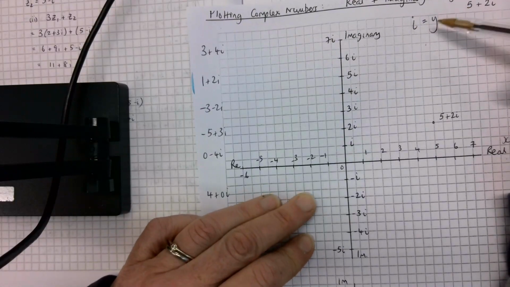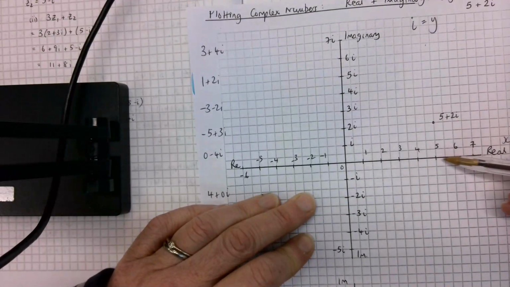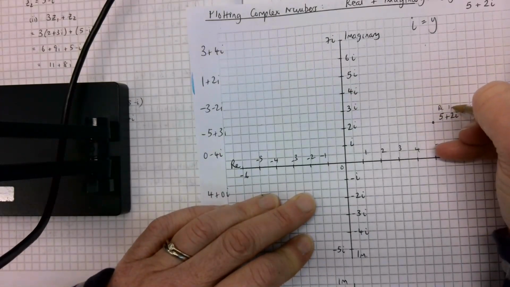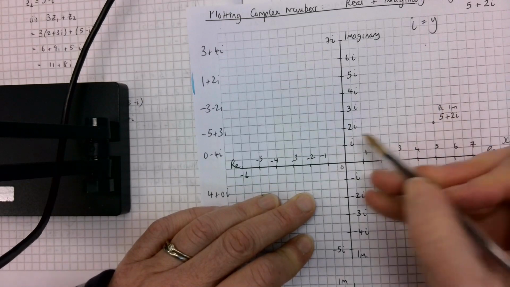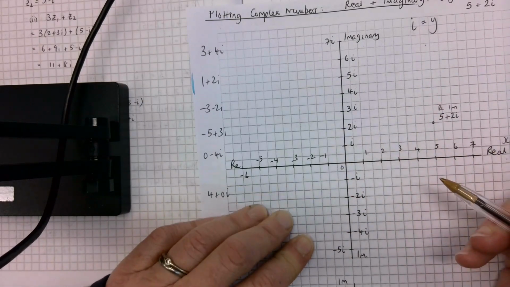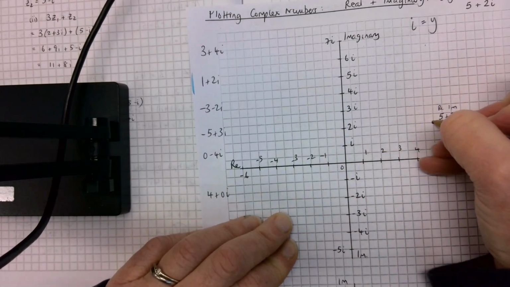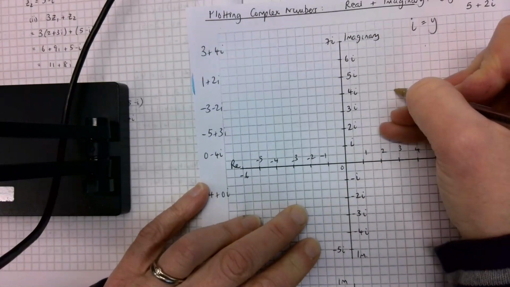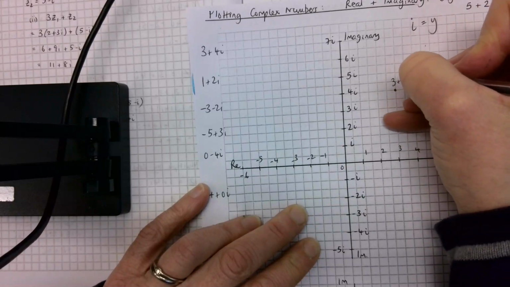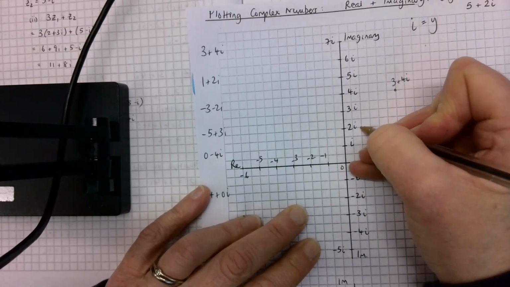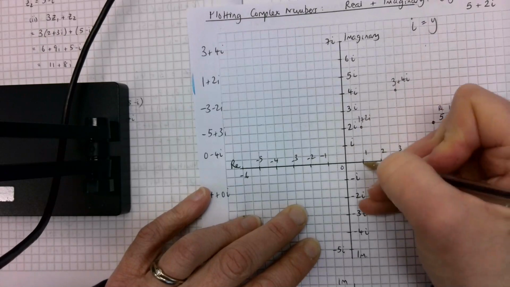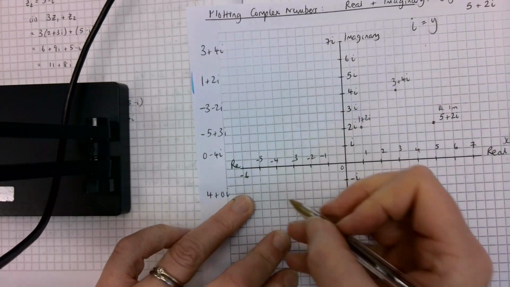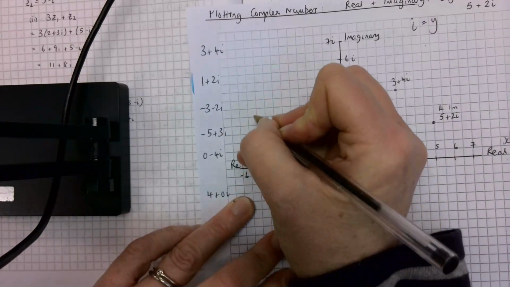So if I have 5 plus 2i, 5 is real, 2i is imaginary: 5 on the real axis, 2i on the imaginary axis, and it's plotted there. 3 plus 4i is 3 on the real axis and 4i on the imaginary. 1 plus 2i is there, because it's 1 on the real axis and 2i on the imaginary. Minus 5 plus 3i will be up here.